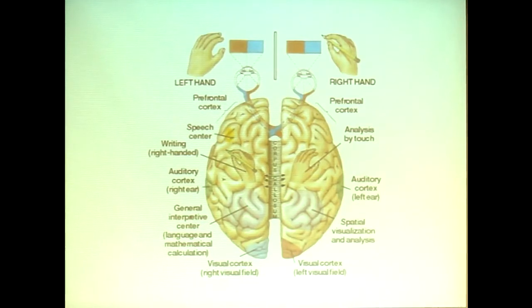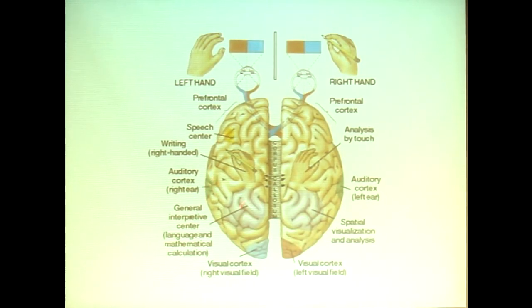I thought this was quite a nice little summary that I found, and I just want to go through it, highlighting some aspects of left and right. Your speech centers are on the left, as you know. Right-handed writing comes from the left. The auditory cortex is from the right ear.